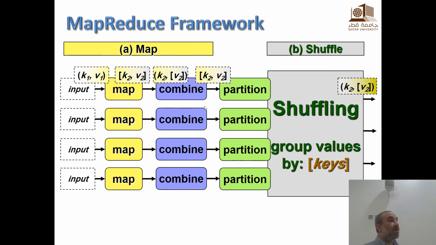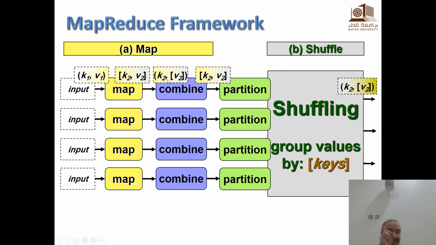It's input and output based on the function as it's drawn now. For example, here, this is the input, this is the output of the map function. But there is a process here that is not shown, which is grouping.